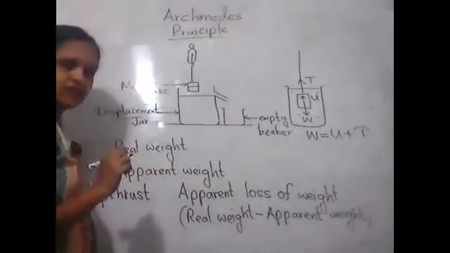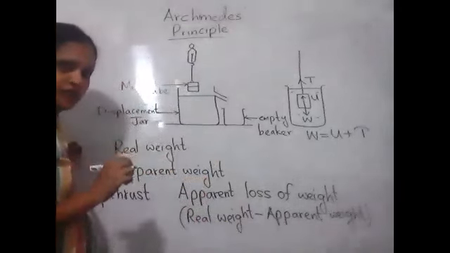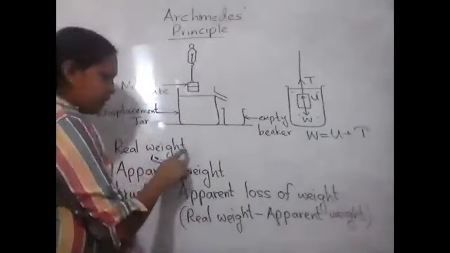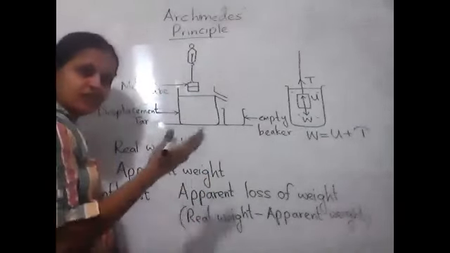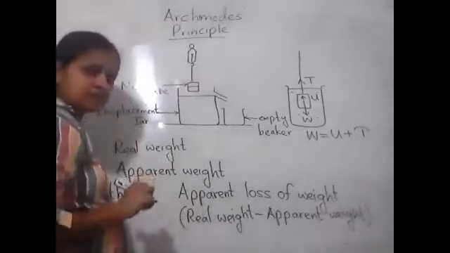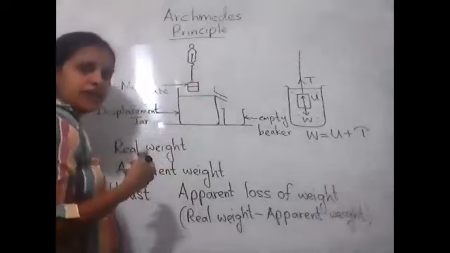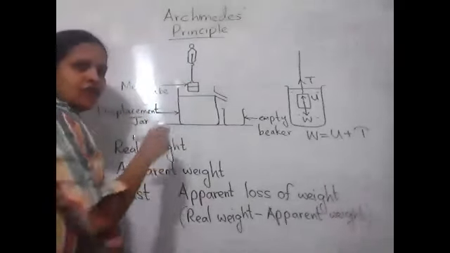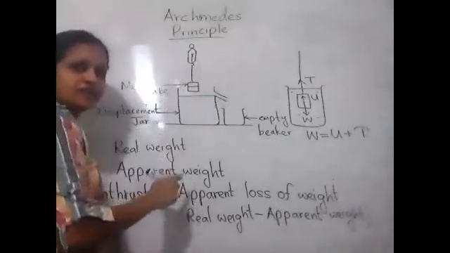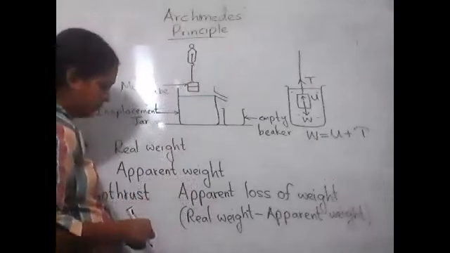For the convenience of the calculations based on Archimedes' principle, we have to be familiar with these terms, then it will be easy for you. Real weight: when the object is not immersed in the fluid, the weight which is taken in air is known as the real weight of the object.